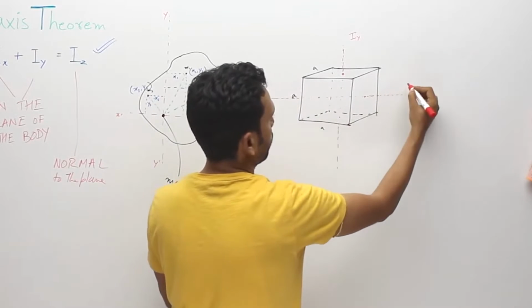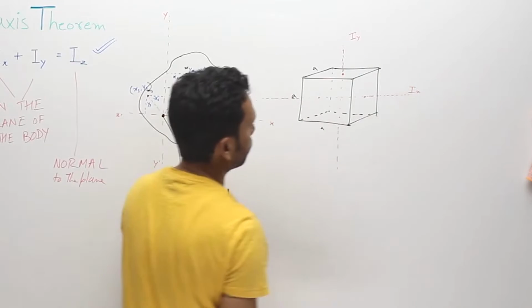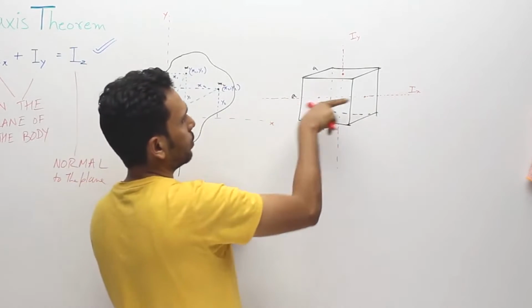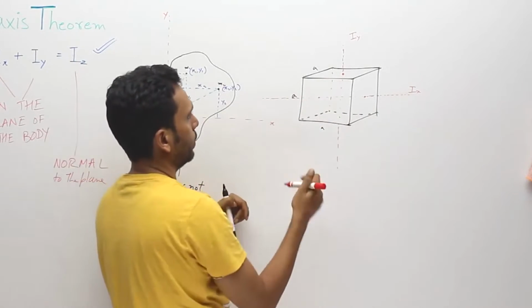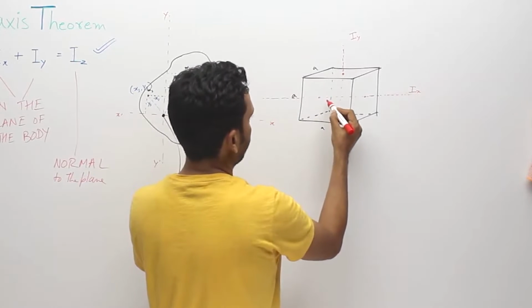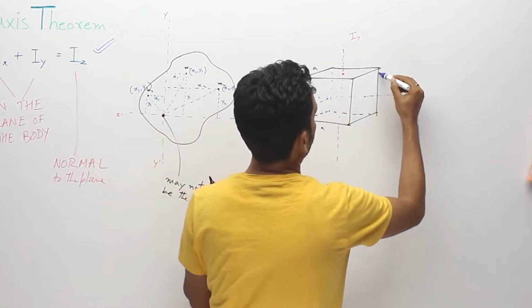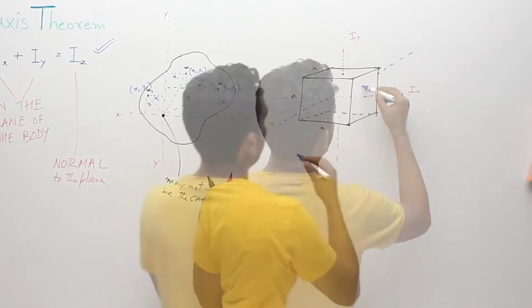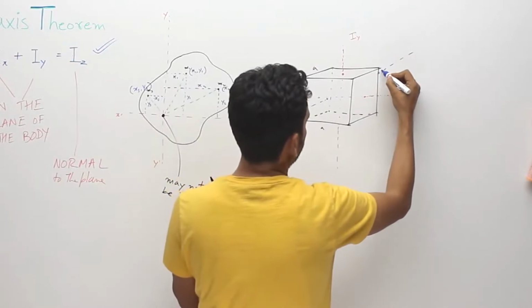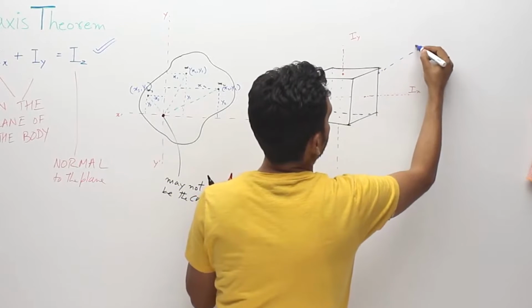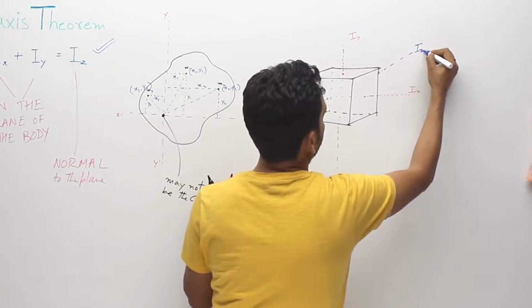Suppose the moment of inertia about this axis is Ix, and then I take a third one which is going from outside to in. It's like a 3D thing and goes out from behind, and suppose the moment of inertia about this axis is Iz.